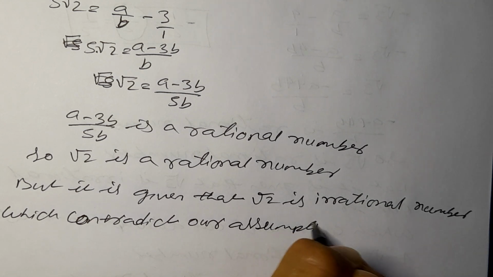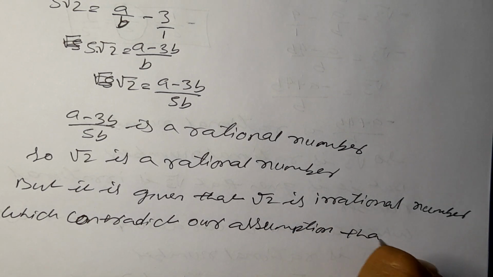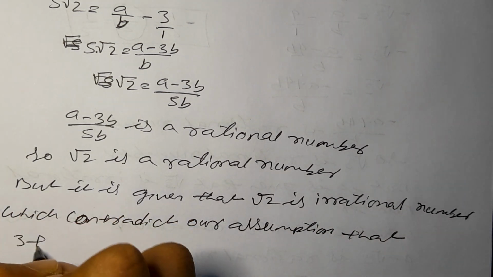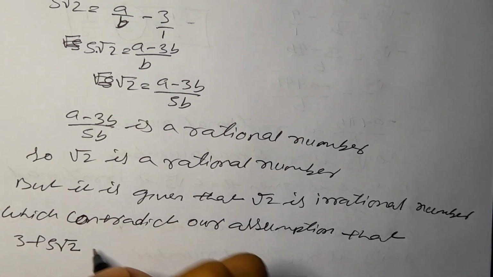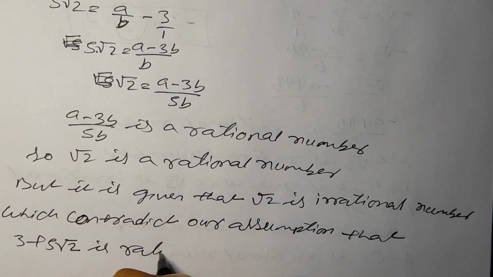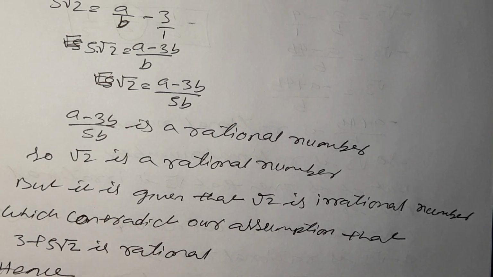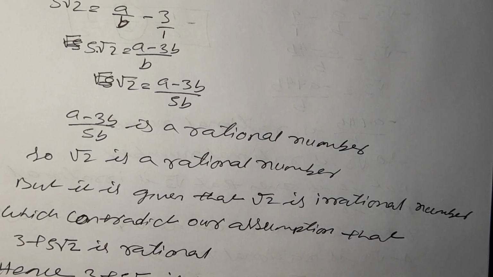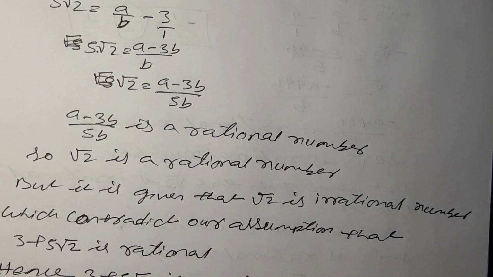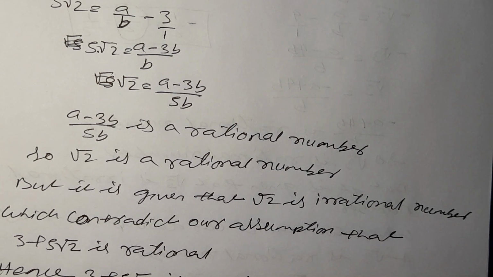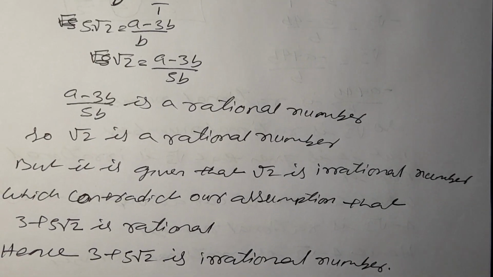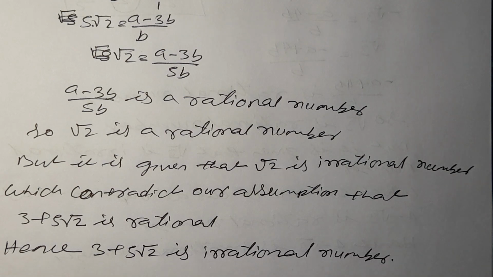What we have considered is the assumption that 3 plus 5 root 2 is a rational number. Hence 3 plus 5 root 2 is an irrational number.